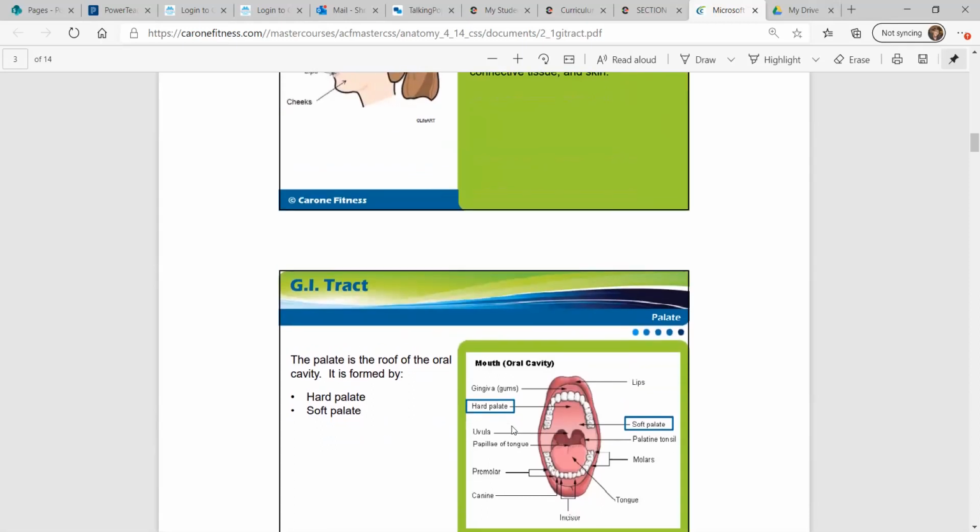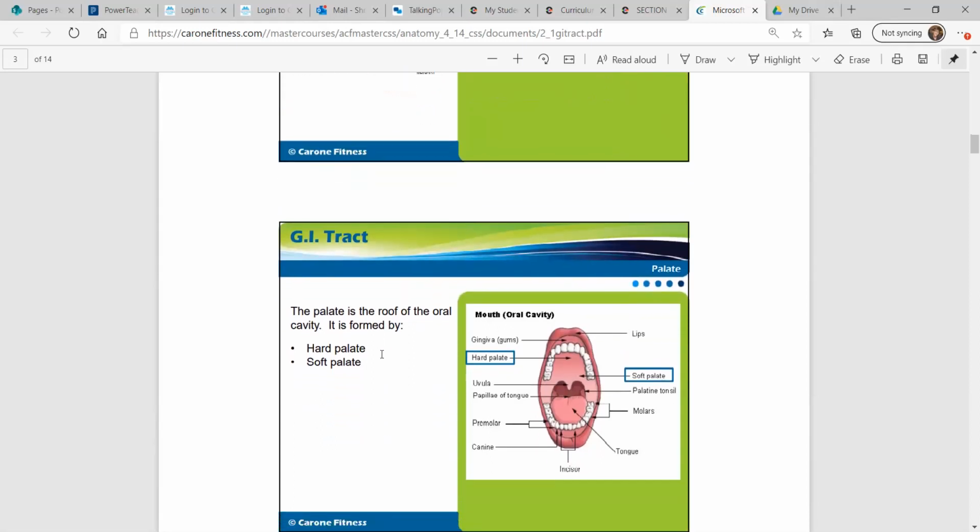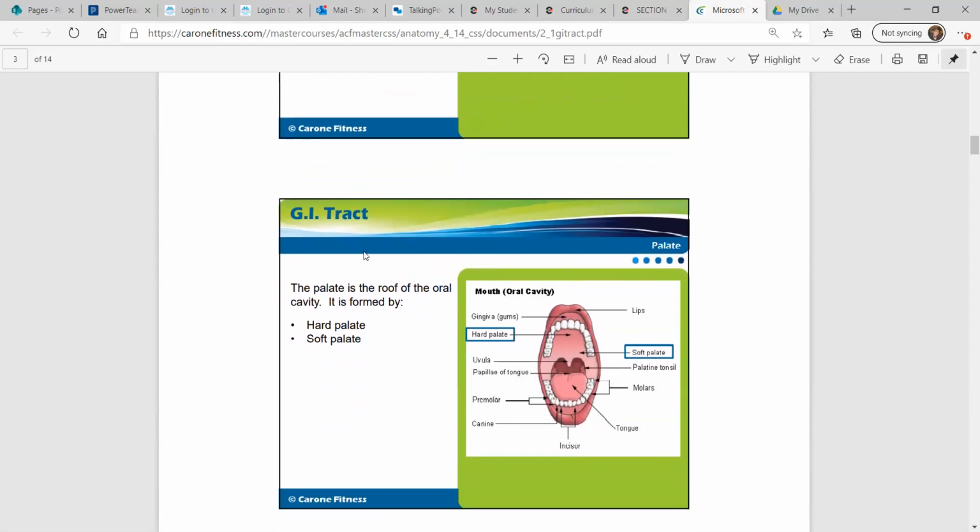Now, looking at the palates. The palate is the roof of the oral cavity, and that is formed by hard and soft palates. So it shows you the top of your mouth where the hard palate is versus the soft palate. Harder towards the front, if you can touch it with your tongue right now, like I am.